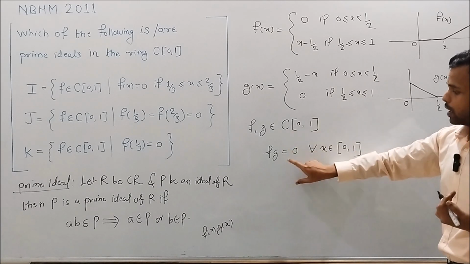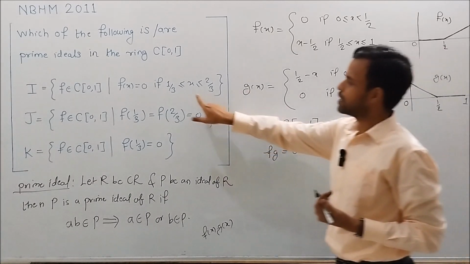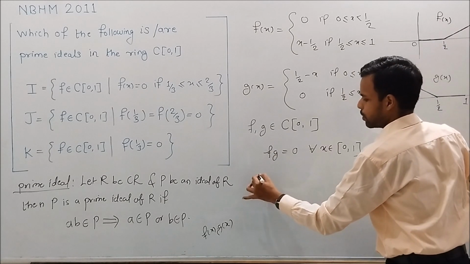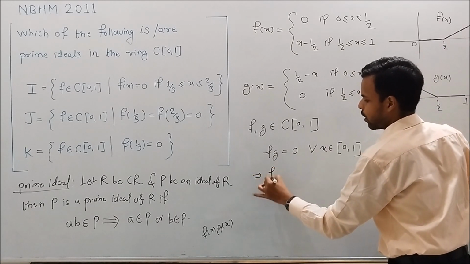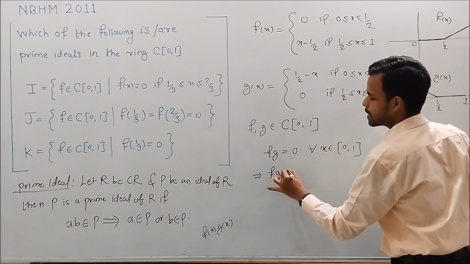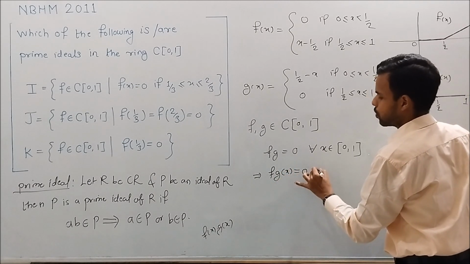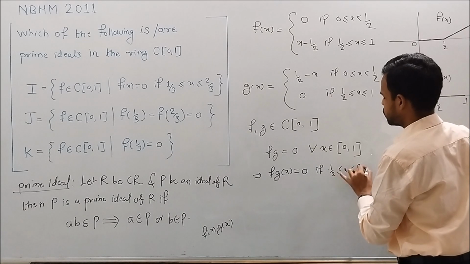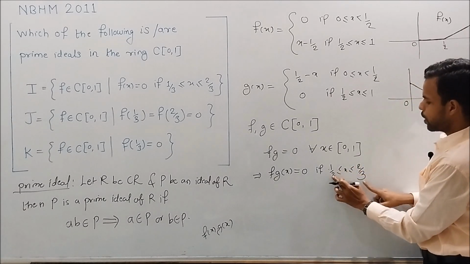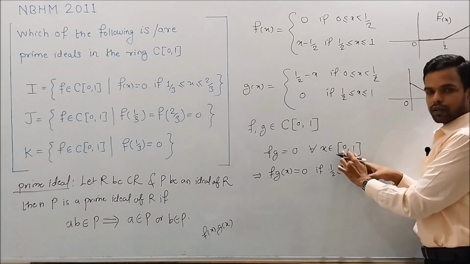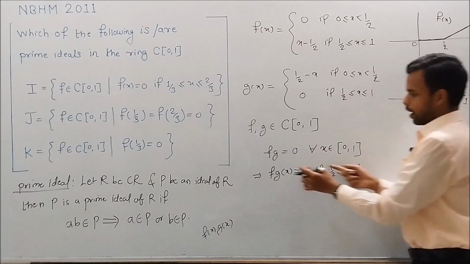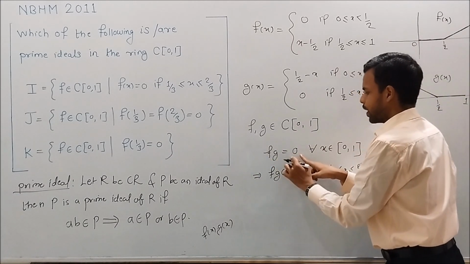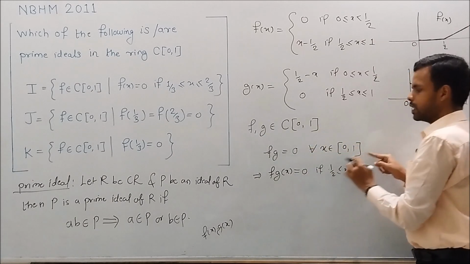But this function also satisfies this condition, that is, fg(x) equals 0 for 1/2 ≤ x ≤ 2/3, because 1/2 and 2/3 belong to this interval, and fg(x) equals 0 for every x in this interval.